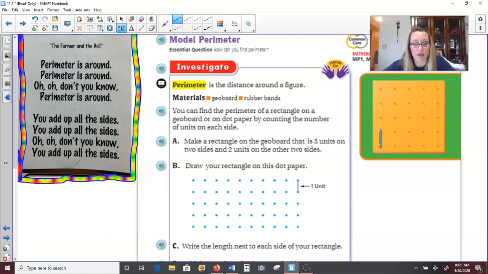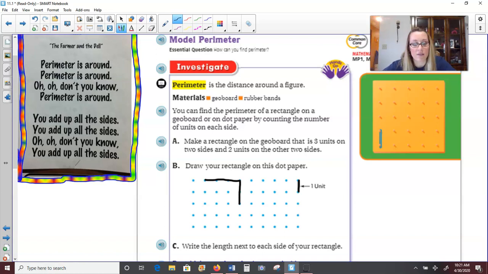I'm going to start at the top and go 1, 2, 3. I went the distance from one dot to another, and that's 1 unit. You can see they showed that over here on the right. So we need 3 units on the top. Then I'm going to go 2 units down.